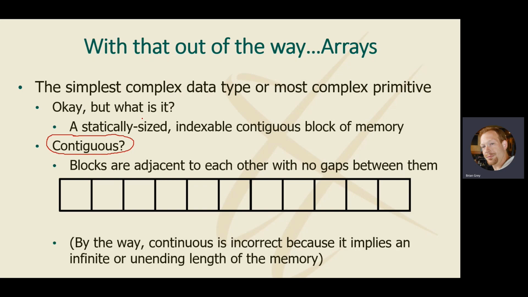Continuous is incorrect because it implies that either it goes on infinitely in both directions, like a line, or it can be subdivided infinitely. Think of the amount of numbers between 0 and 1. There's a half, there's a quarter, there's the square root of 2 over 10, there's pi divided by 1,000. An uncountable number of numbers are between 0 and 1.